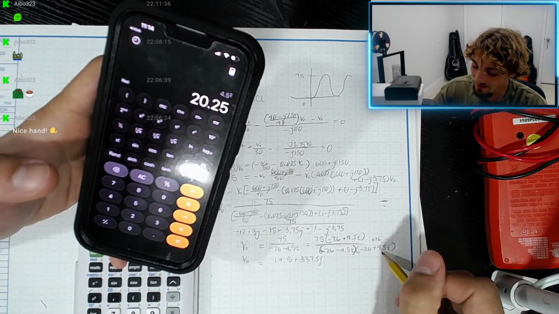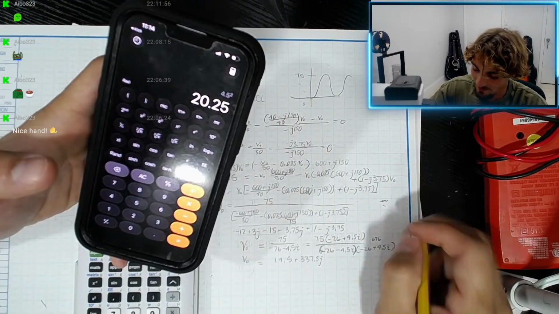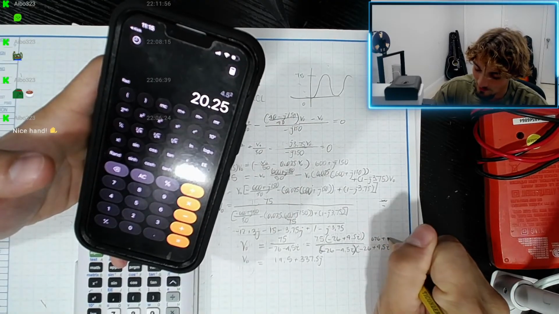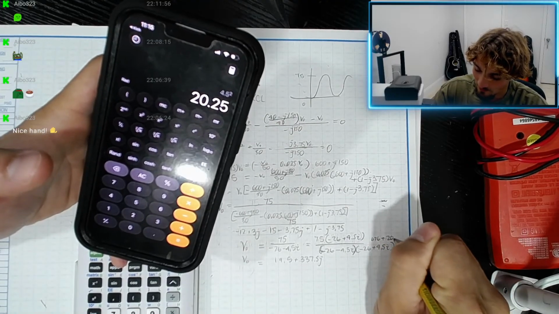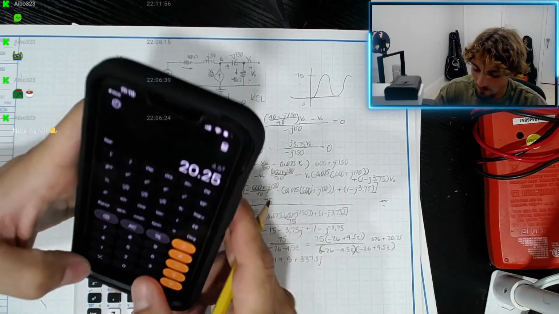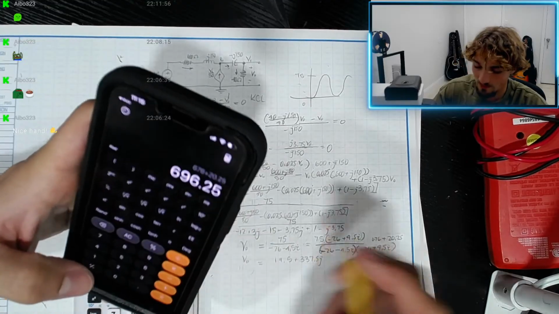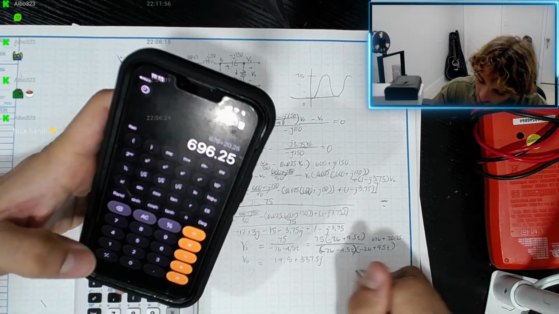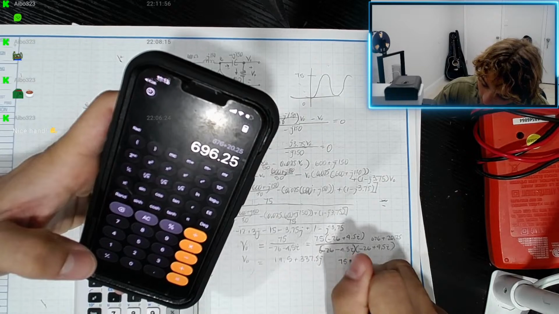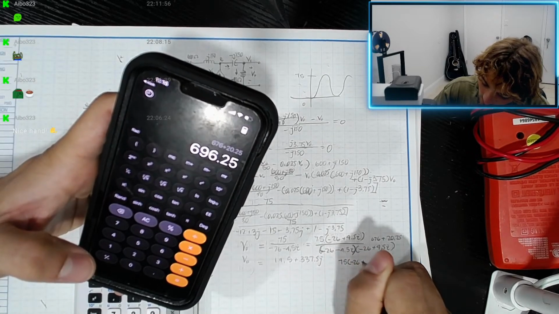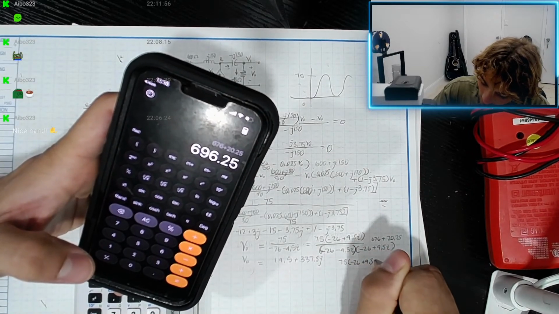Negative number minus positive, plus 20.25. And 676 plus 20.25 is 696.25. So we have 75 times negative 26 plus 4.5 J.